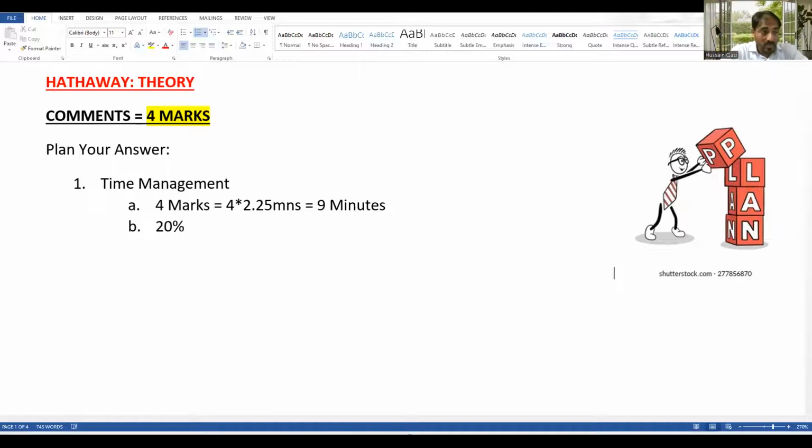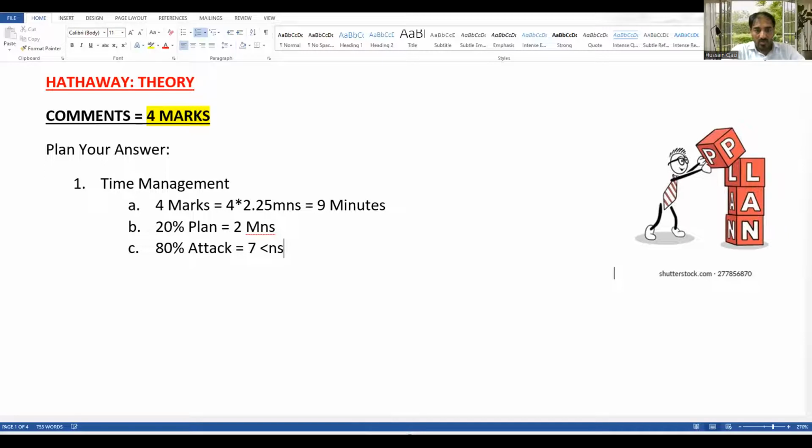You have to spend 20% on planning. 20% of 9 is about 2 minutes you have to plan. Think about that. Before attacking, you have to think, and use 80% of the time to attack. If you want to win this war, you have to invest 20% of the time for planning. And for this, you need to practice from now.